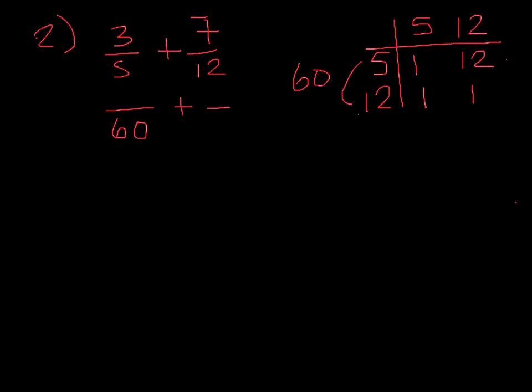To reduce the 5, or to break up the 5, we say 5 into 5, 1. The 12 cannot be broken up, so we use then the number 12 here, and we say 12 into 12, 1. We multiply this, and we know that our common denominator, and the least one, will be 60.